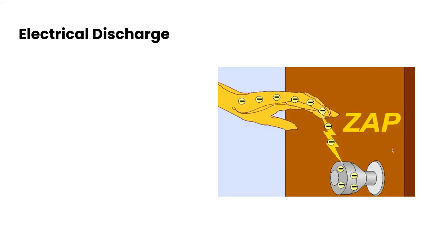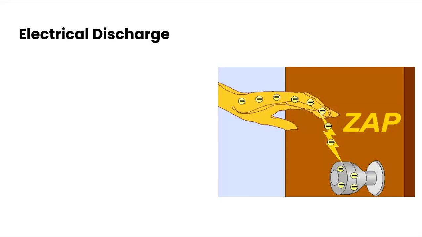Now, we first need to start with a definition of electrical discharge. A really great example is if you've ever been shocked by a door handle after dragging your feet on a carpet. So, why does this happen? Well, electrons will be held in an object and they're just going to be waiting to get out at the first opportunity that they get.